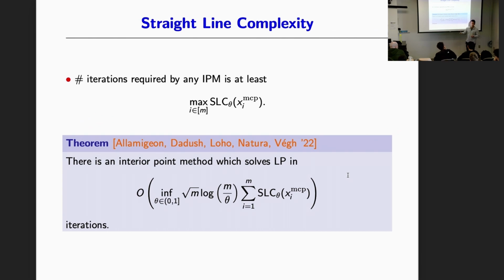So the lower bound is the max straight line complexity on every coordinate, and the upper bound, the algorithm they give, is parameterized by the sum of the straight line complexities on every coordinate. So ignoring the first term, it is essentially optimal up to a factor m, which is remarkable, I think. And this is the algorithm that we will use to solve the minimum cost generalized flow problem.